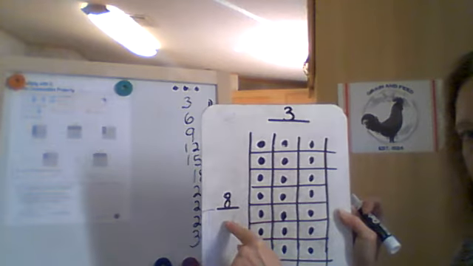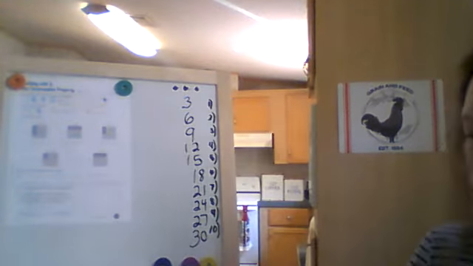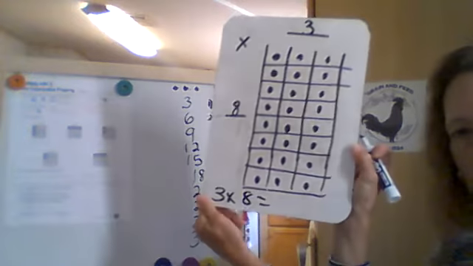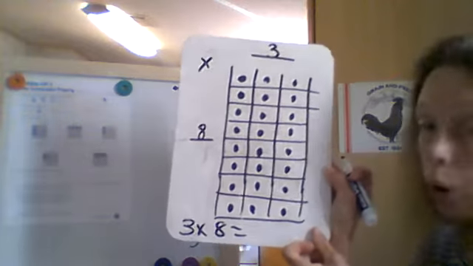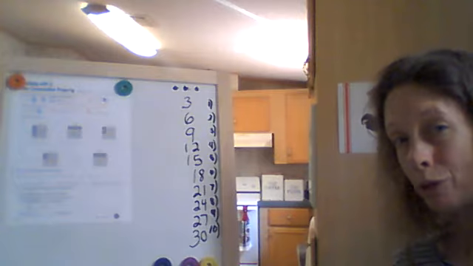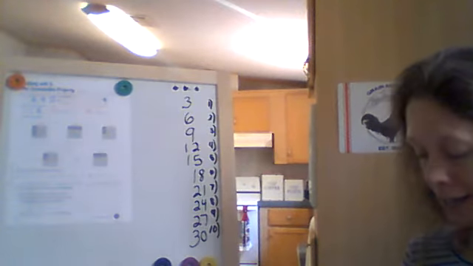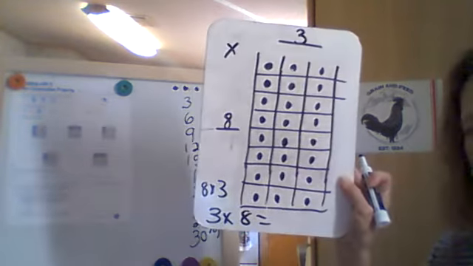Get it? Okay, now the way we use this is we just do one of these up in the corner, and that makes this 3 times 8. Or, what else using the commutative property? 8 times 3. I can do either.